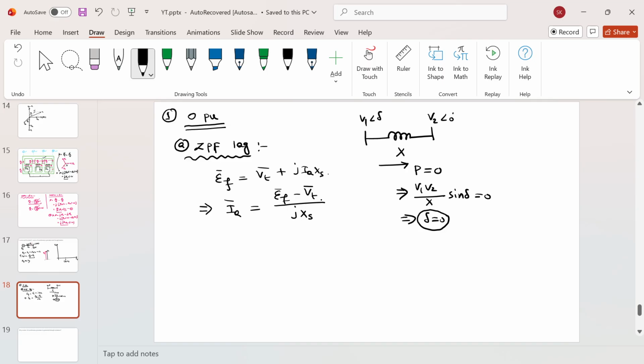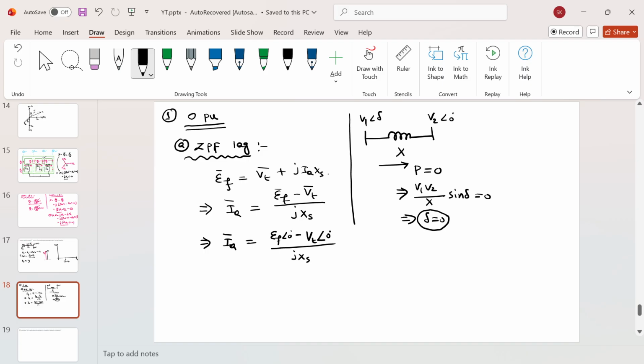So from this particular observation, I can also say, since my Vt is at reference, so it is my 0, my EF will also be at 0 phase. Okay, because there is no active power delivery, 0 per unit active power.